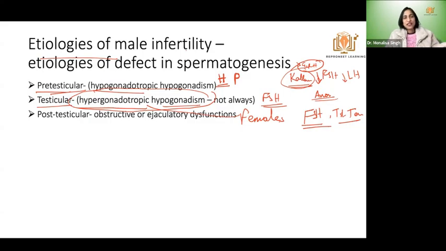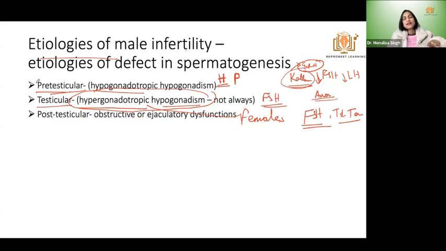So this is a slight difference that I want you to know from females. Whereas in females, if they fail to ovulate because of ovarian failure, the first sign, not the first sign, but a very specific sign, is rise in FSH. The first sign will be fallen AMH and fallen inhibin. So similar to that zone, where spermatogenesis has been affected, but not so affected that FSH has started to rise.